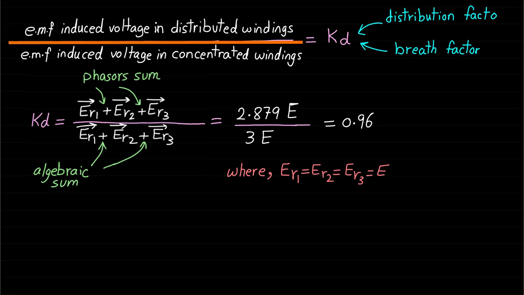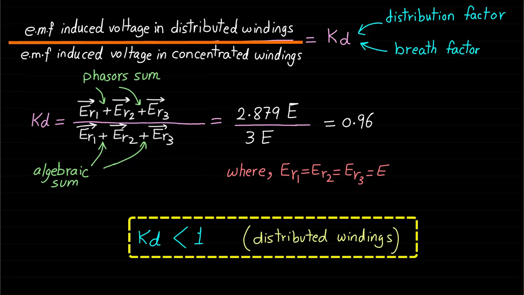In other words, the phase voltage of the distributed windings or coils will be reduced by 4% compared with the phase voltage of the concentrated windings. It is worth mentioning here that the factor Kd of the distributed armature windings is always less than 1.